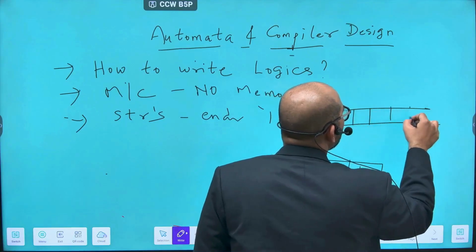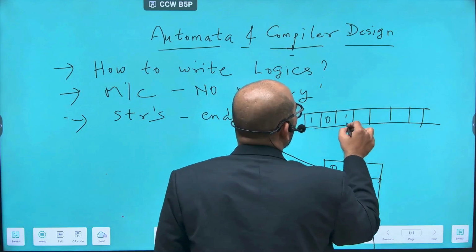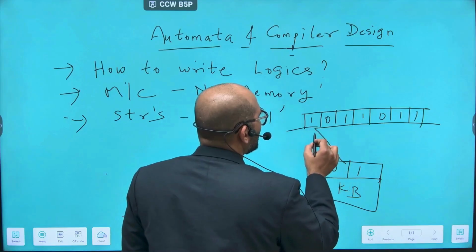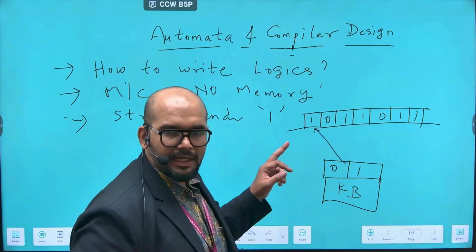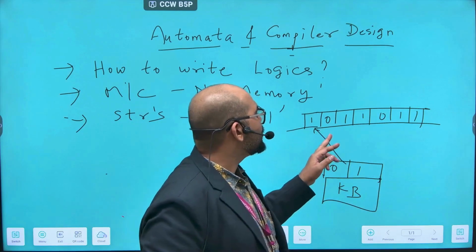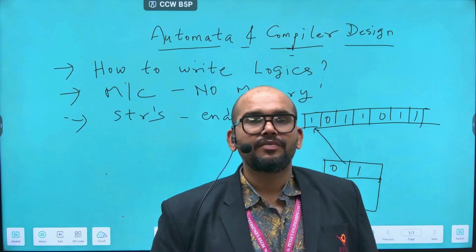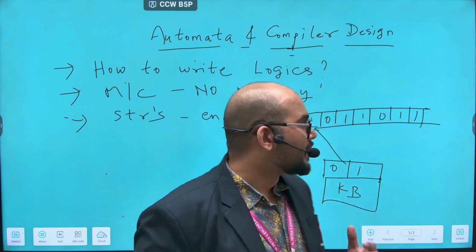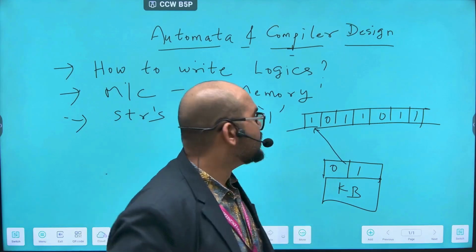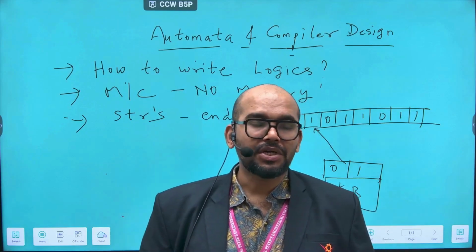With our binary keyboard we typed an input string 1 0 1 1 0 1 1. Now with the constraint we need to check whether this input string satisfies the constraint or not. Our constraint is to identify the strings that end with 1. Here our machine doesn't have a memory.